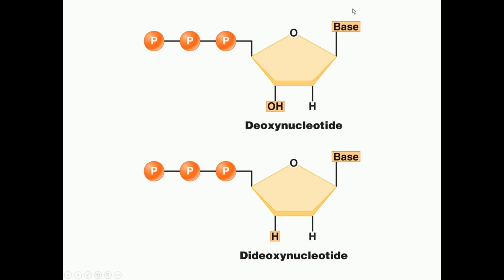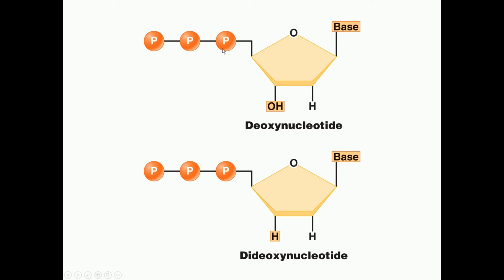Here is your nitrogenous base, A, T, C or G. At carbon number 2 in DNA, because DNA is deoxy, there is H. In RNA it is OH here, and on 3' it is always an OH group, whether it is DNA or RNA. On 5' is the phosphate group.